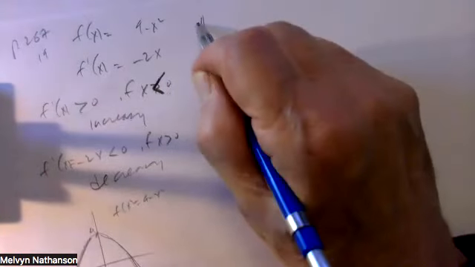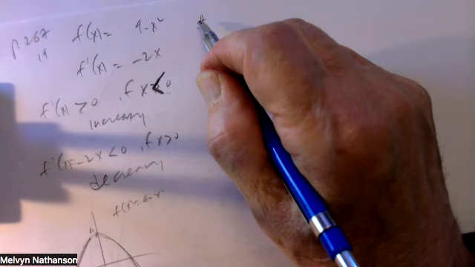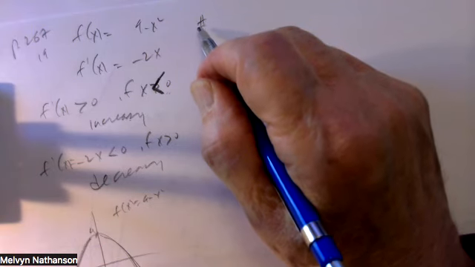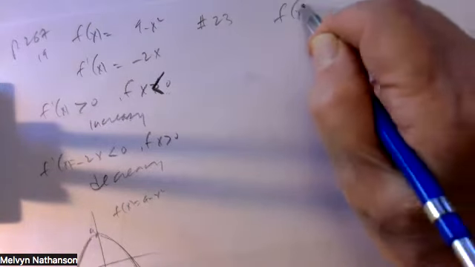Let's look at number 23. We have the function f of x equals x cubed over 3 minus 5x squared over 2 plus 4x.